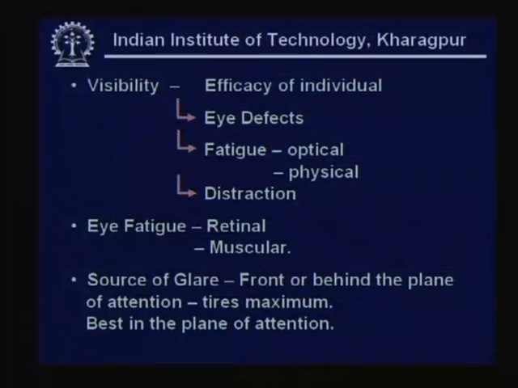The source of glare may be either behind or in front of the plane of observation. Here you will see in the slide, plane of attention is written, meaning the plane in which the object to be observed is there. Now, what happens if there is a glare? Glare means an intense illumination in that plane.